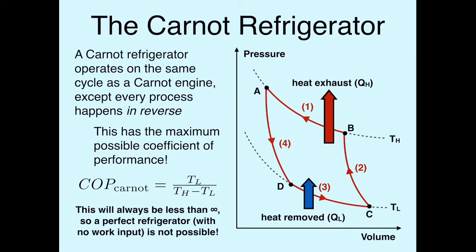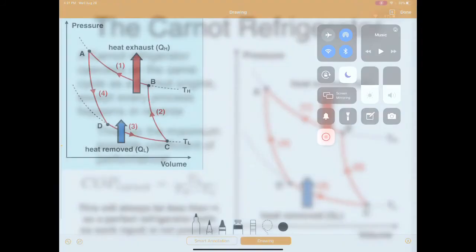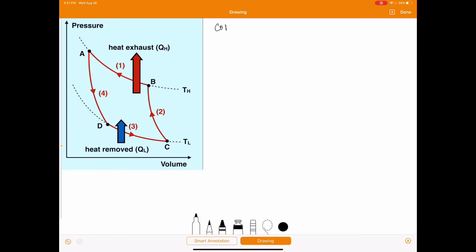So now what we're going to do is derive the formula for the Carnot coefficient of performance. We'll start by writing down the definition of the coefficient of performance for a refrigerator. Remember, you can think of this as what you get out divided by what you put in. What we want a refrigerator to do is to remove heat from the low temperature region, which is QL.